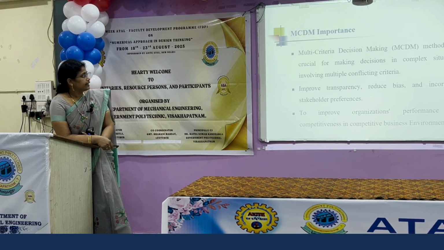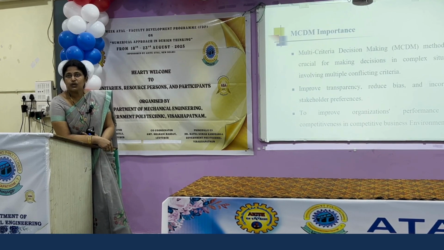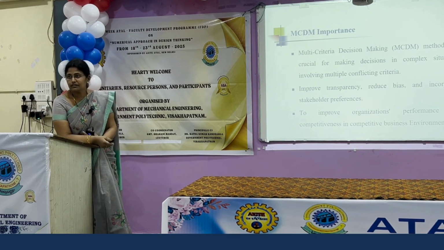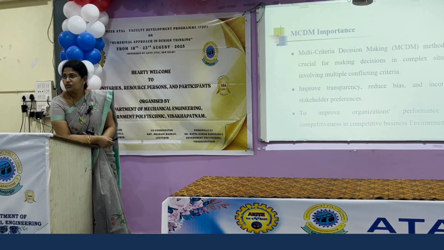And next, what is the importance of MCDM? These methods can improve transparency. Based on a quantitative basis, we can give the ranking to the alternatives. Here, by calculating some value, the closeness coefficient, we are giving the ranking to the alternatives.